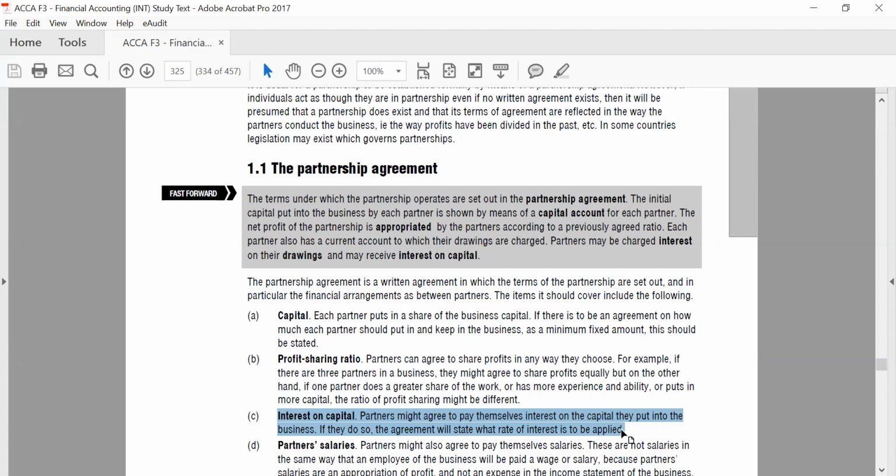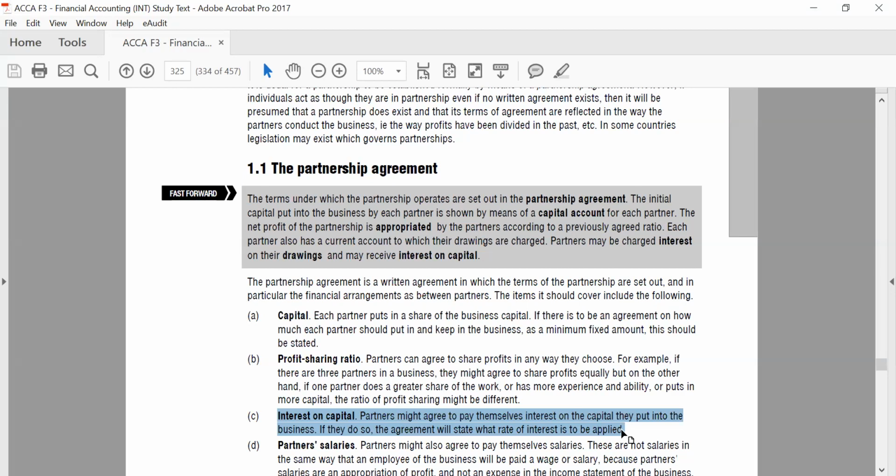The partners can decide to pay themselves interest on capital. The partners have given the partnership their money. Now, the partnership as an organization has to pay back interest to the partners for using that capital. That's why we call it interest on capital.